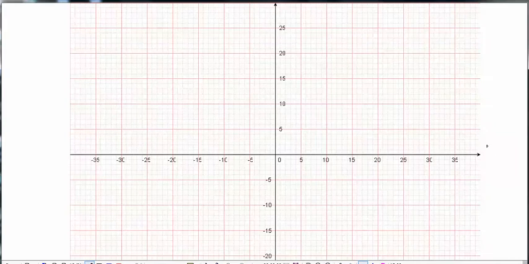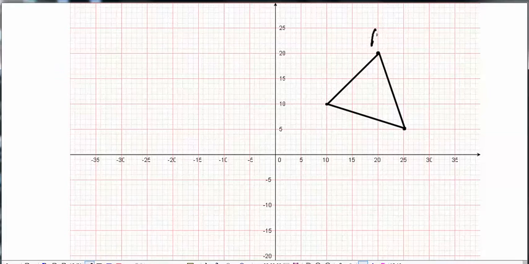All right, what you're going to be asked to do today is to take a shape. Well, first you're going to be asked to take some points. If you connect those points, you're going to get a triangle, right? And reflect them over a line. The lines you're going to reflect them over today could be the x-axis, could be the y-axis, could be any other horizontal or vertical line.